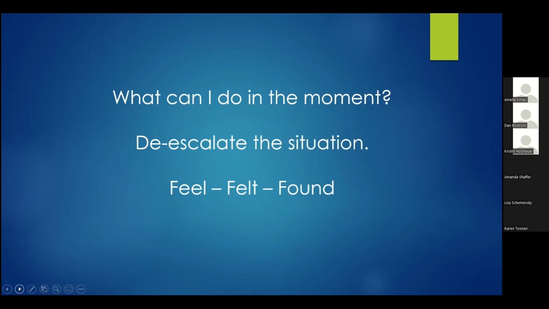I have felt this way in the past when something happened that was similar, but this is what I have found, and presenting them with different stats and information on the subject that their child is addressing or someone is viewing that is problematic to them. Okay, this is the empathetic lens. The idea of it may seem foreign, especially in the heat of the moment, but you want to make sure that they are understanding and also realizing maybe the flaws on your side as well.